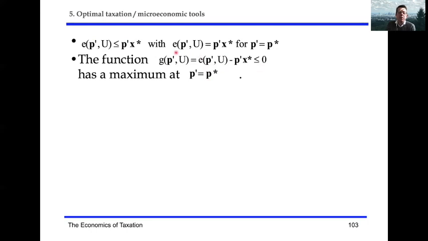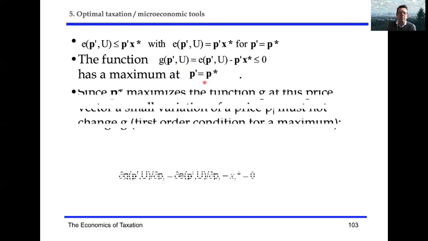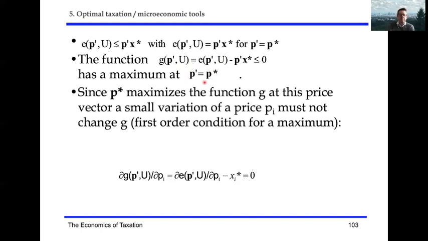So this function is usually negative. The highest value it can have is 0, and that happens here. So if this function is differentiable, which happens to be the case if the expenditure function is differentiable, then at this point we must have that the first order condition holds.